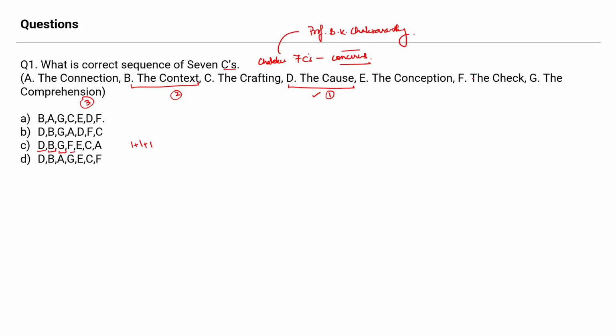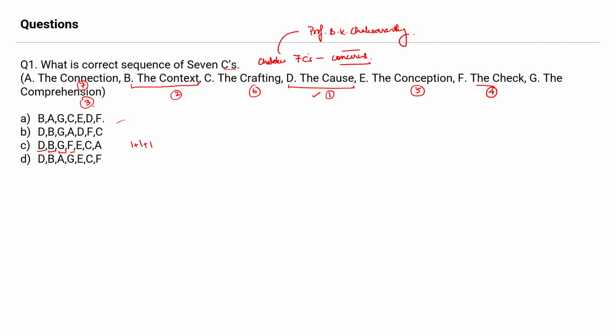Then is F, which is the check part. Then you have E, which is the conception. Then C, crafting. And the seventh one is the connection.